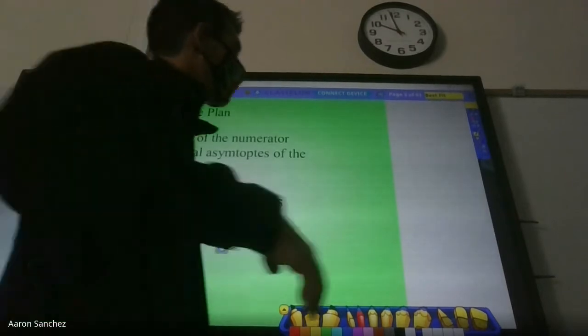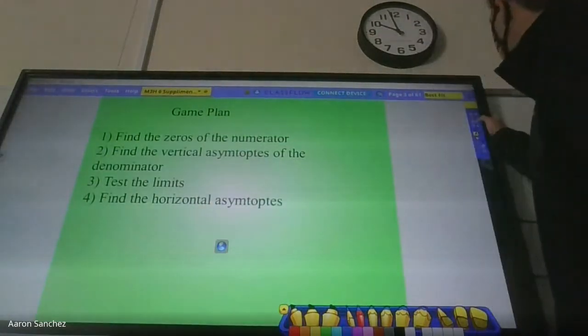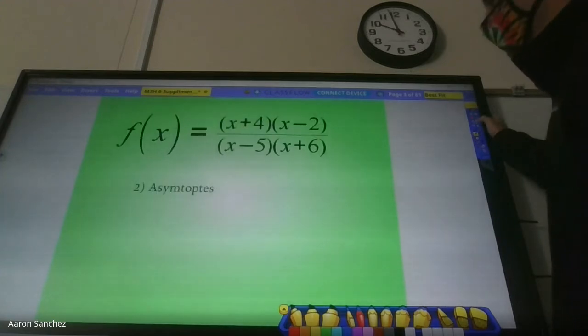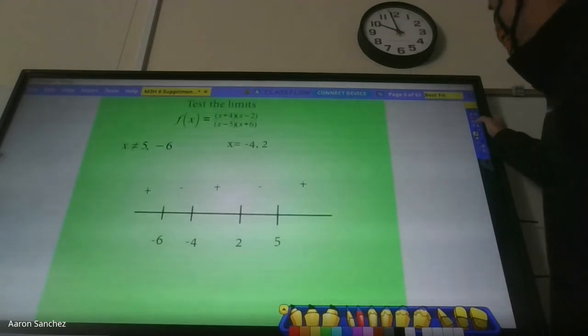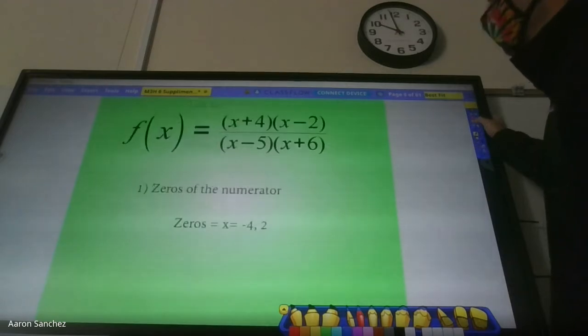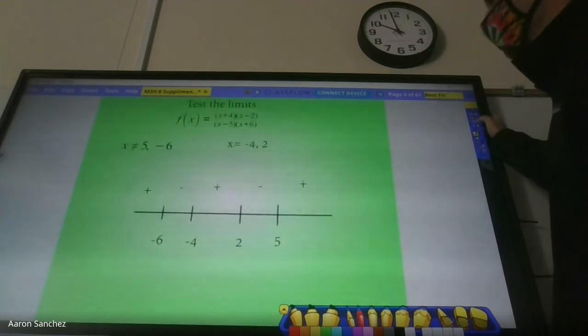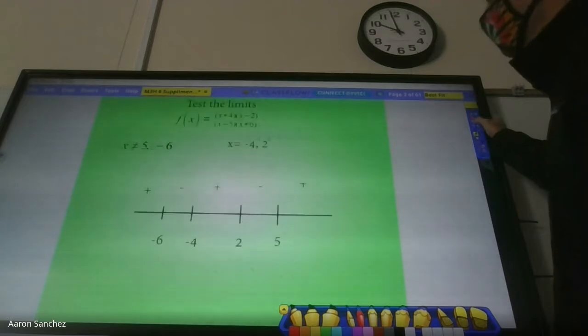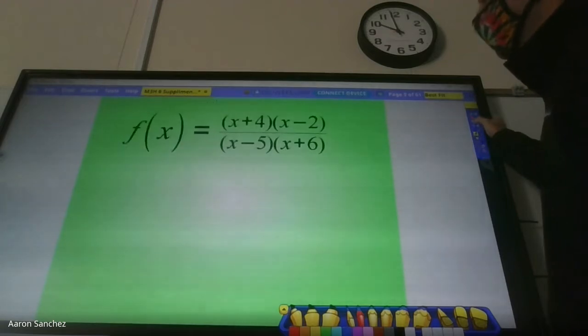Okay. So you have it written down? So do I want to graph this? Okay, so let's go ahead and graph this sucker. Let's graph it.